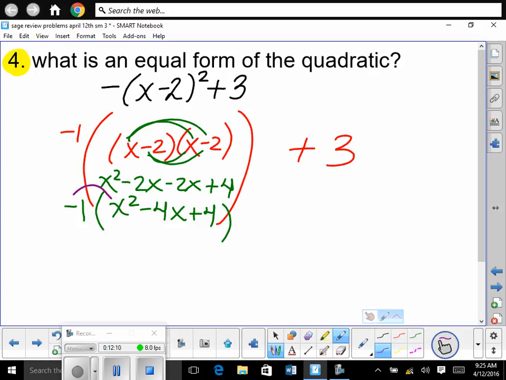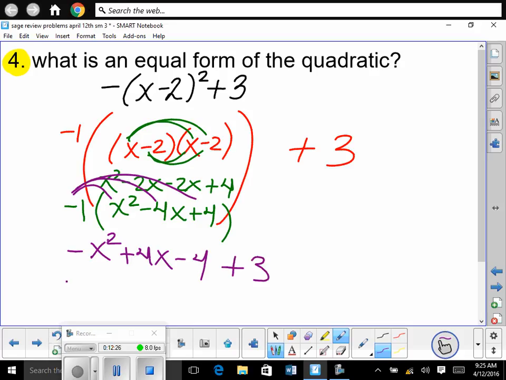So that's negative x squared plus 4x minus 4. Good, and then plus 3. So our final answer would be negative x squared plus 4x minus 1. Questions? Be precise. Awesome.